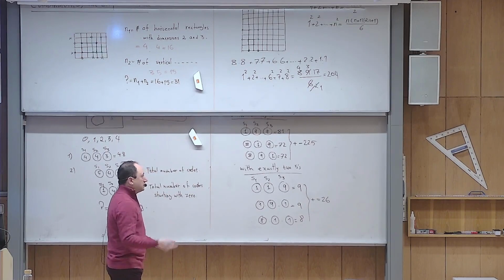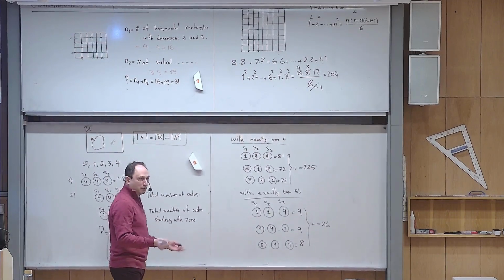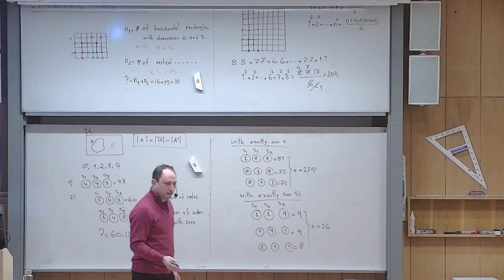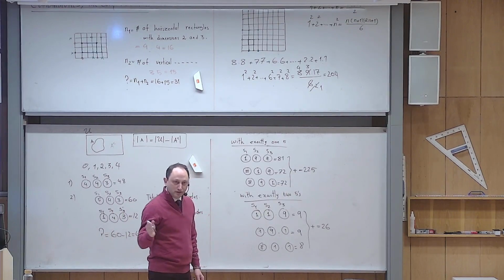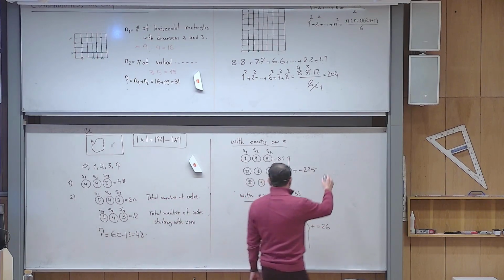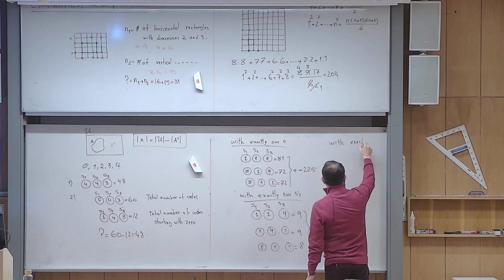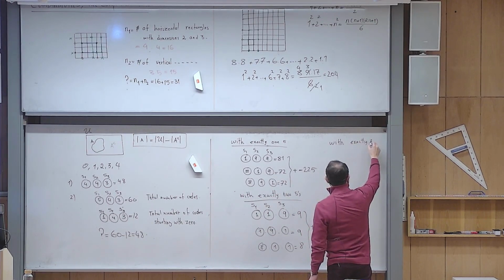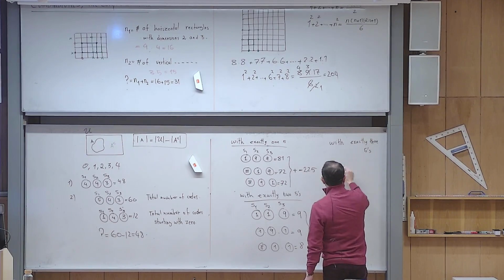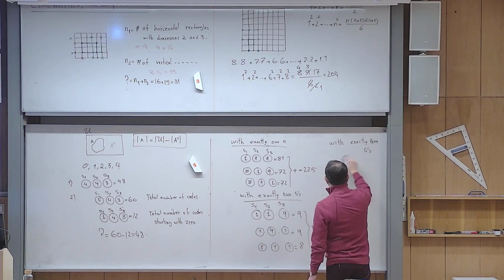Okay? And then of course the other one is extremely easy to know. I want to have exactly 3 5s, and that is only 555. So with exactly 3 5s, it's equal to 1 item, yes?